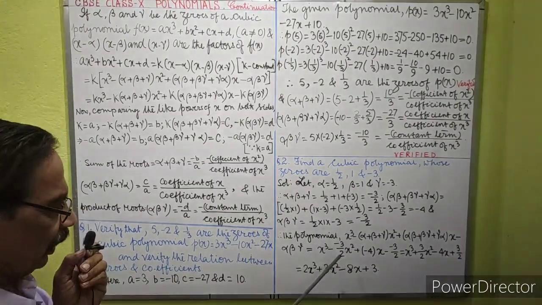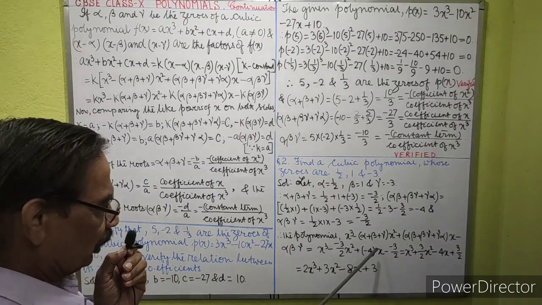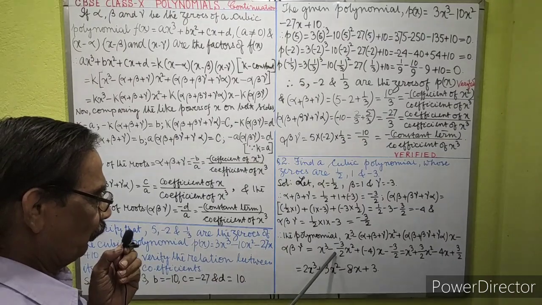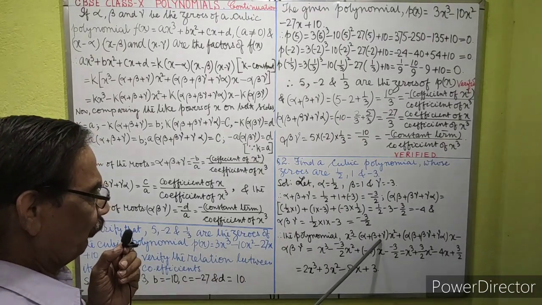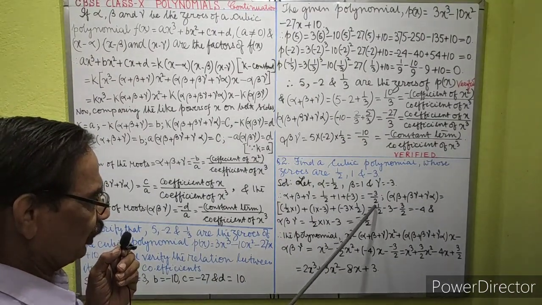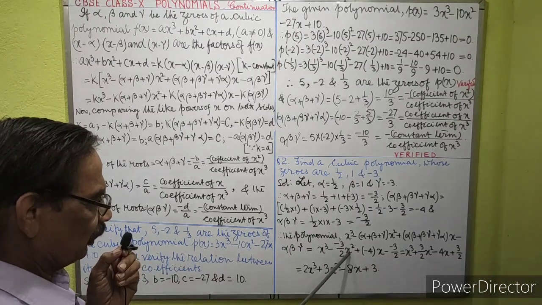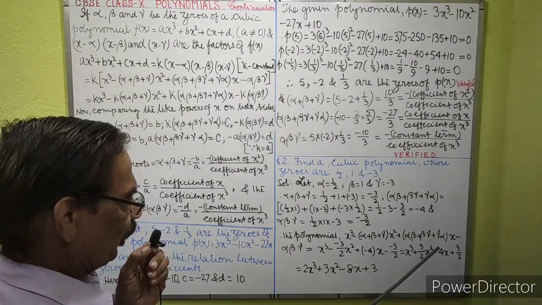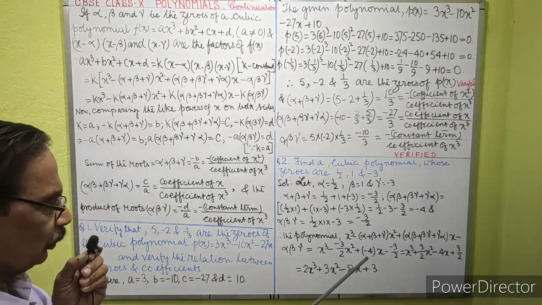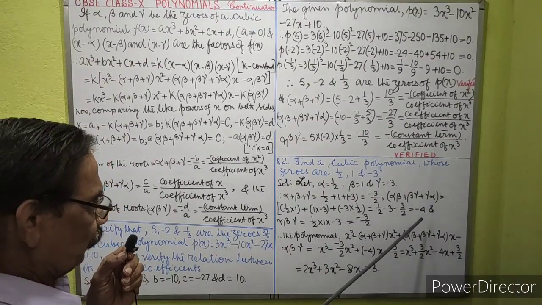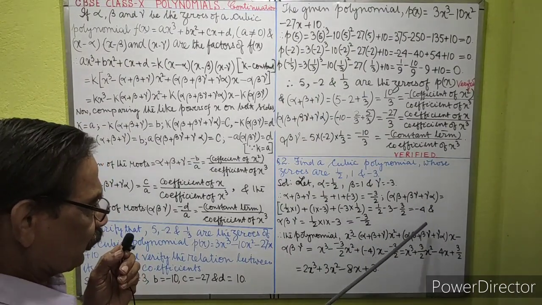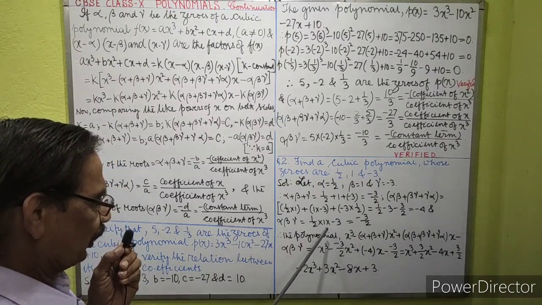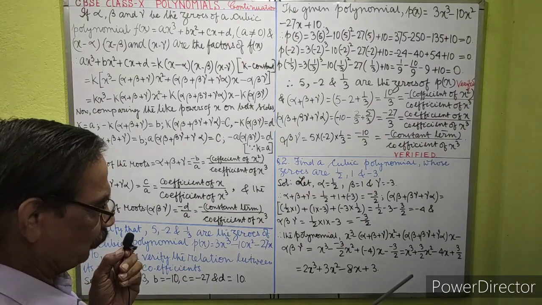Therefore the polynomial, according to the structure of the cubic polynomial, is x cube minus (alpha plus beta plus gamma) x square, that is minus of minus 3 by 2 x square, plus (alpha beta plus beta gamma plus gamma alpha) x equal to minus 4, so minus 4 into x, and the constant term, that is minus alpha beta gamma, the product of the roots, equal to plus 3 by 2.